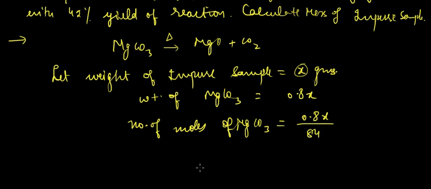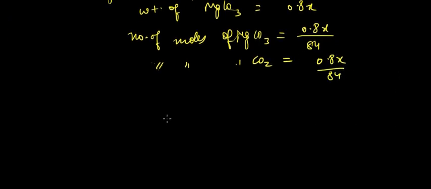Now, the number of moles consumed of MgCO3 would be equal to the number of moles of CO2 produced, hence the number of moles of CO2 produced would again be 0.8x upon 84.